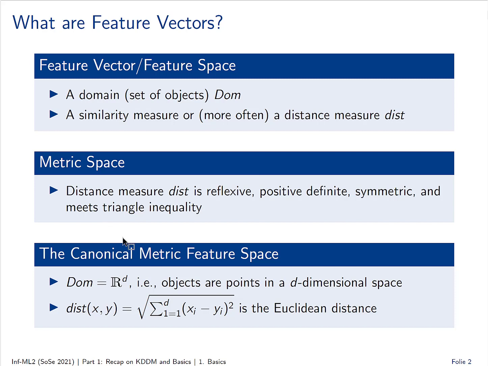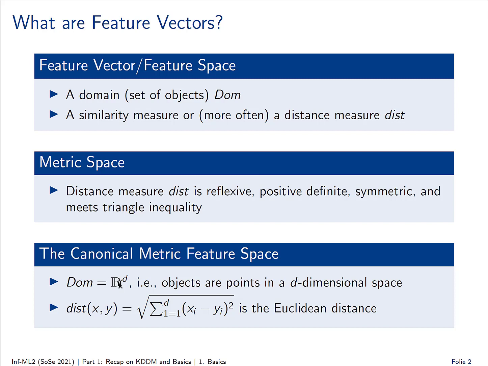Then we have a metric feature space, and the canonical metric feature space is R to the power of D. That means the objects have only D numerical features, so the objects are points in a D-dimensional space.